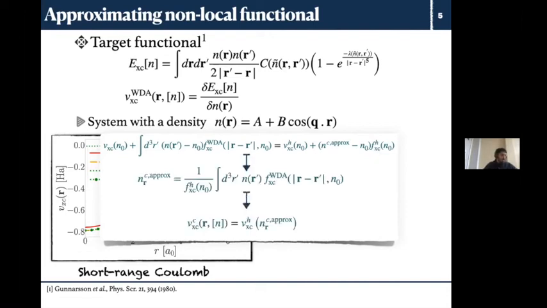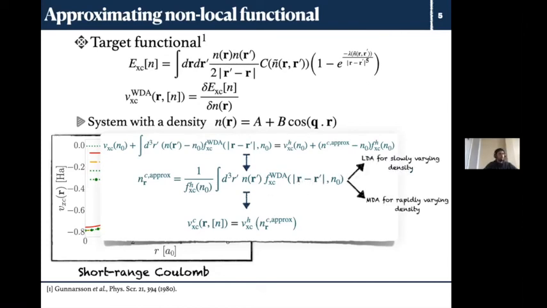Now we invert the equation, and we get the input density for our VXC function to construct a connector approximation for the real VXC. By analyzing this formula, we can see that it is a non-local approximation.